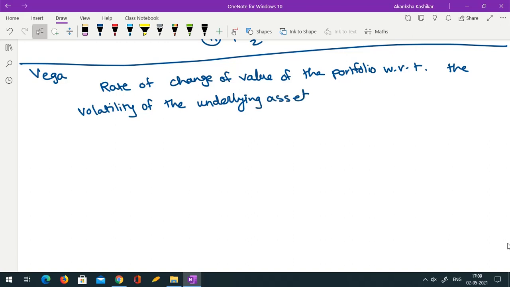Vega sometimes is denoted by nu, though vega is actually not a Greek letter.